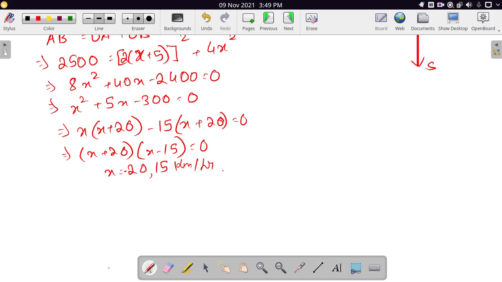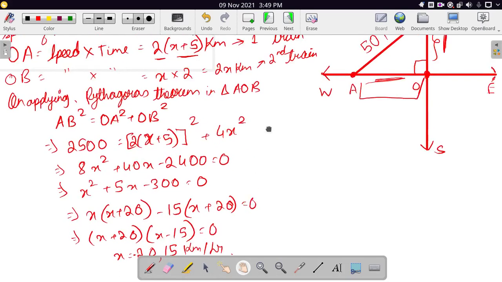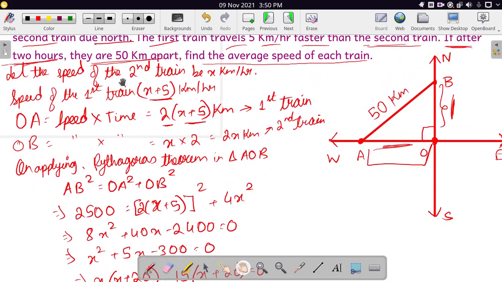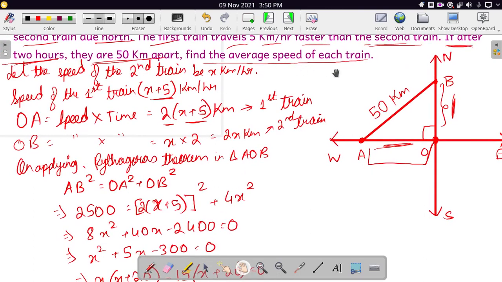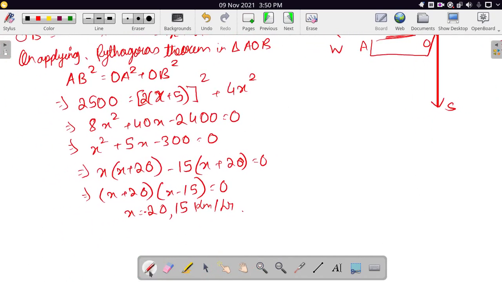So x, what was x? Do you remember what was x? We had taken x to be the speed of the second train, and we are asked to find the average speed of each train. Average speed of each train basically means that we need to find the speed of each train. So what will be our answer line? I'm writing the answer line here. Answer, first train. I wrote the answer in short, but you need to write it in expanded form.